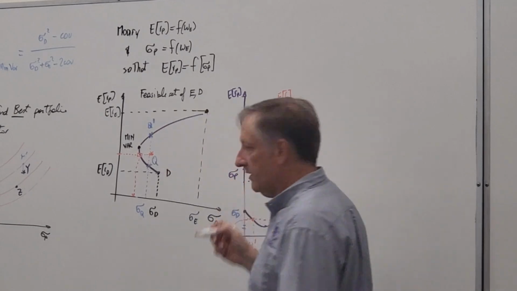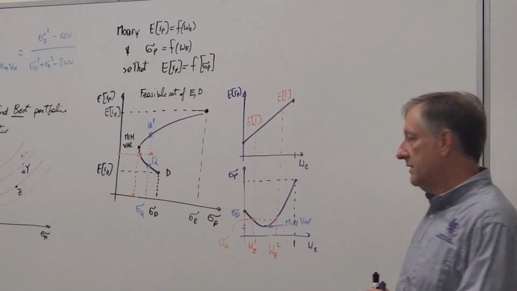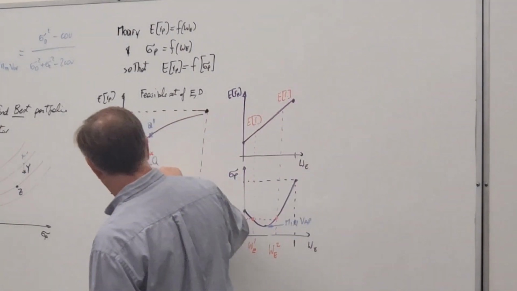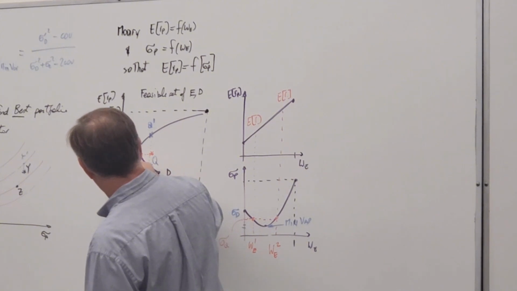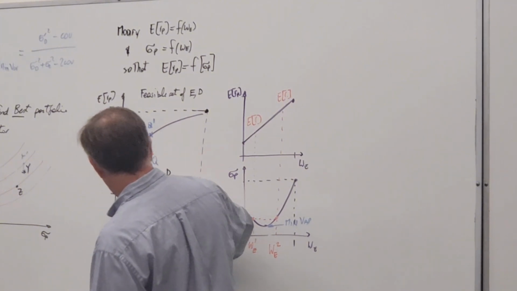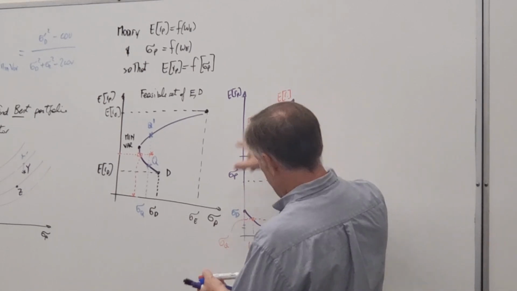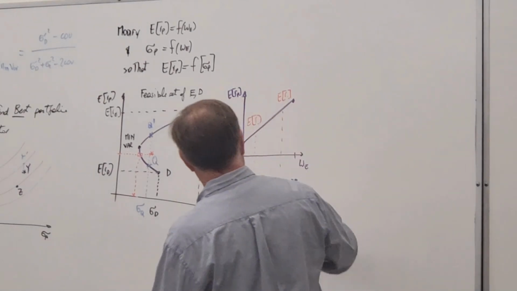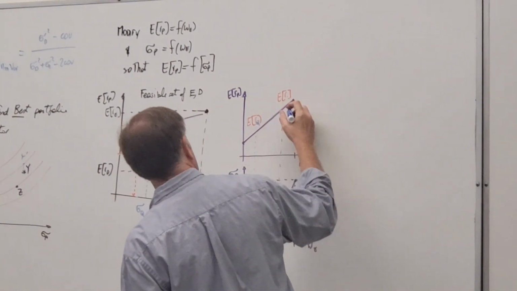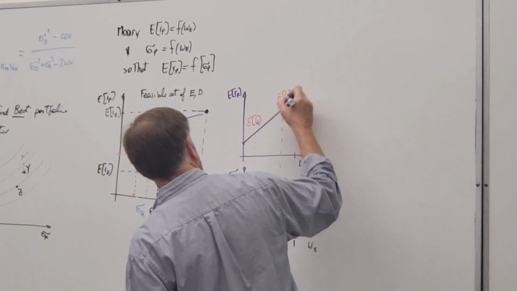So one of the two is gonna be Q, the other one is gonna be Q prime. Which one is Q? Well, Q is the one that has lower expected return than Q prime, same level of risk. So lower expected return than Q prime. This is gonna be lower expected return of Q. This is gonna be Q prime.